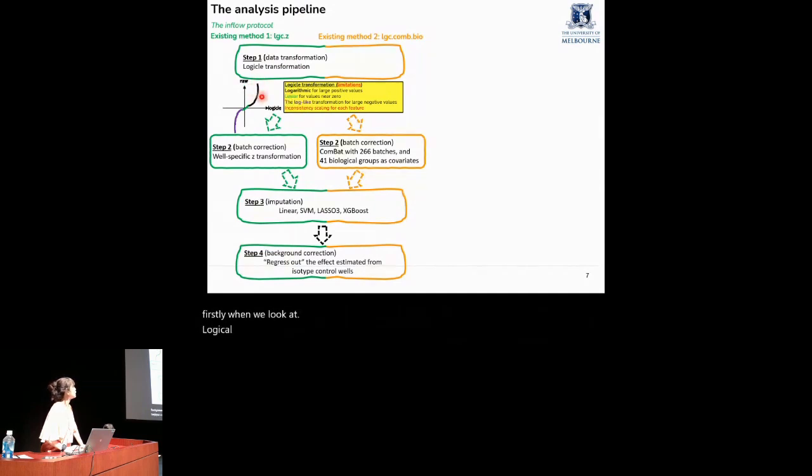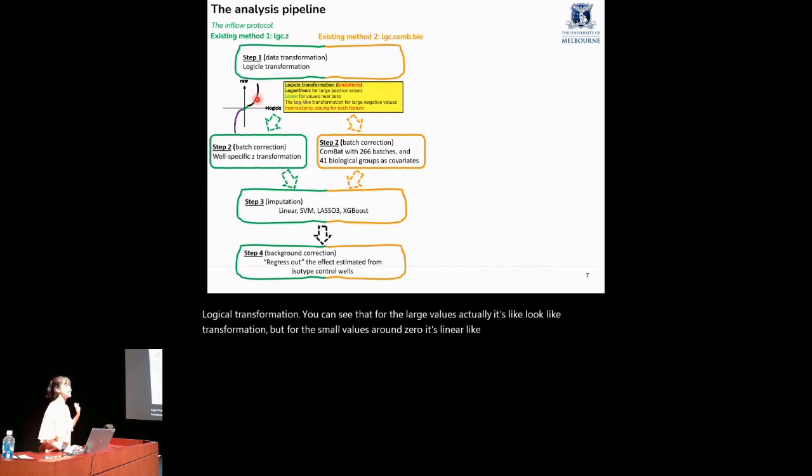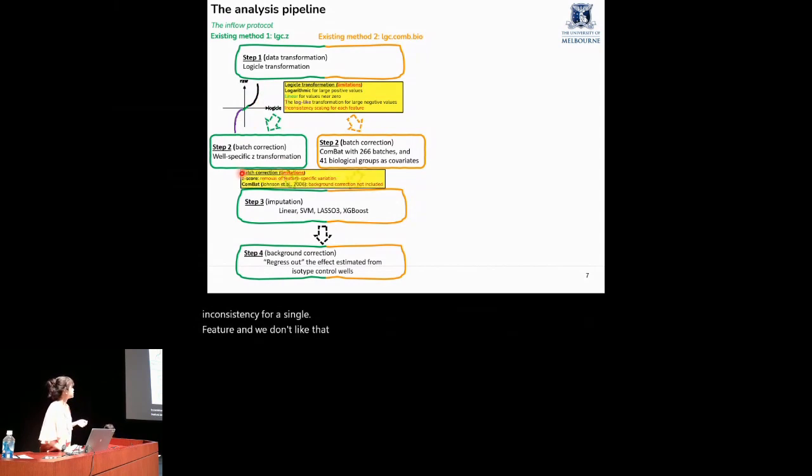transformation, you can see that for the large values it's like a log-like transformation, but for the small values around 0, it's a linear-like transformation, and it's inconsistent for a single feature, and we don't like that. For batch correction, the problem of using that transformation is that it will remove the feature-specific variation.